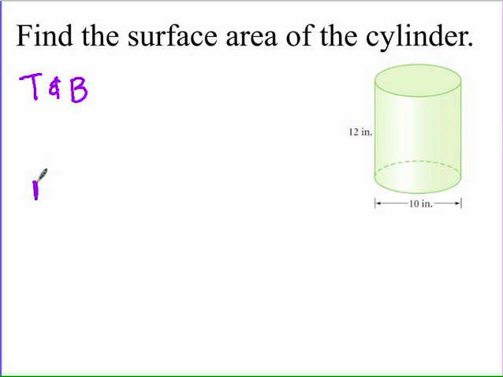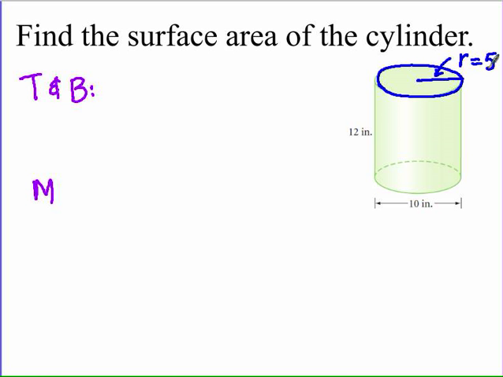So let's start with the top and the bottom. What shape is the top and the bottom both in? A circle. And in this case, I need to find the area of that circle. So the area is pi times radius squared. Well, what is the radius here? 5.